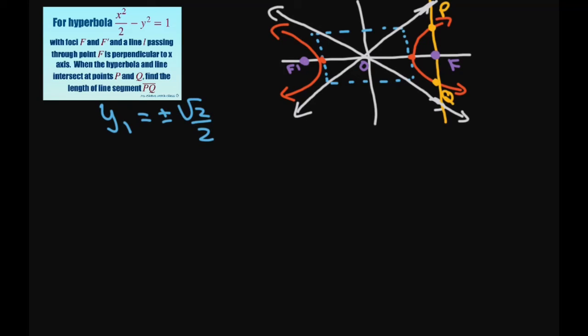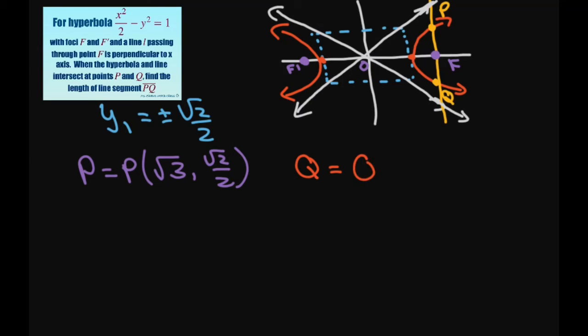So for point P, we had square root of 3, and then we're going to use the positive square root of 2 divided by 2. And for Q, substitute in the negative part. So that's going to be Q: square root of 3, comma, negative square root of 2 divided by 2. Therefore, you just have to find the distance.